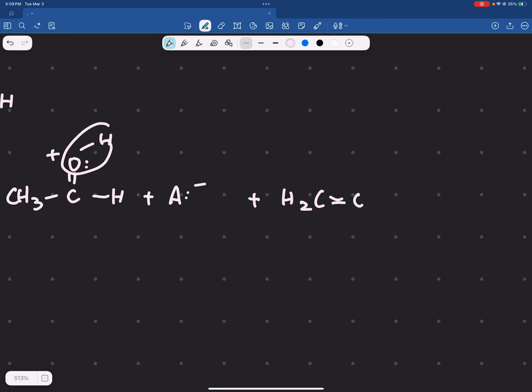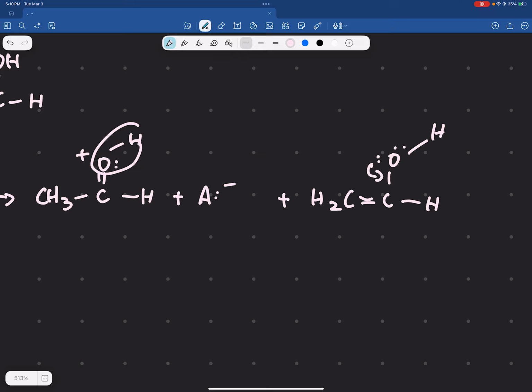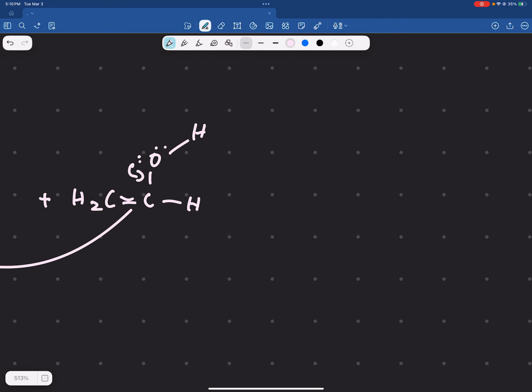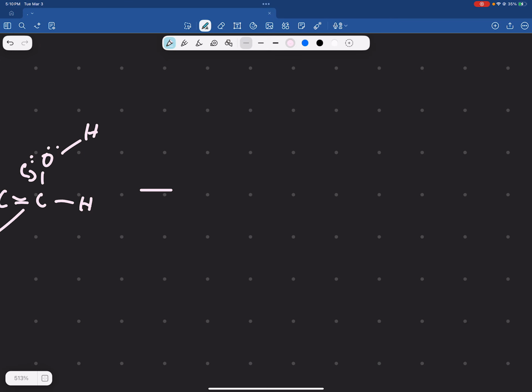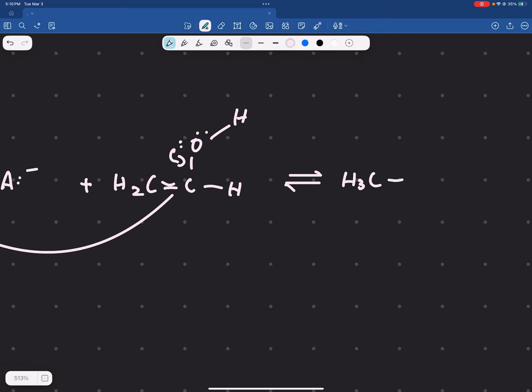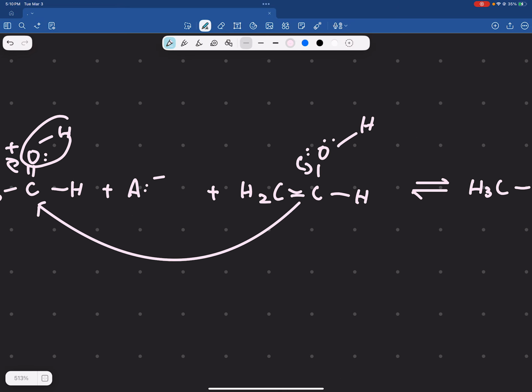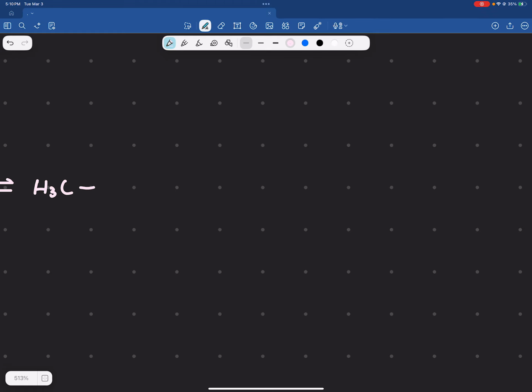So this is the enol form of our starting material. And this is going to form a new carbon-carbon bond, like so. I should have put this in different colors. I'll show which came from which.